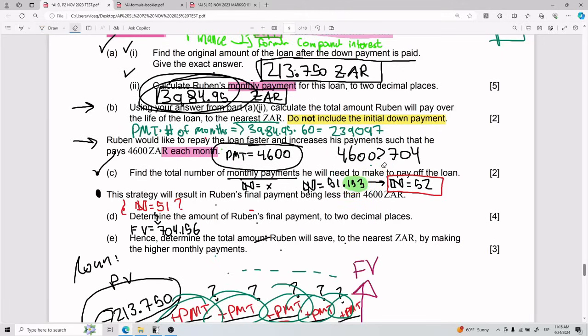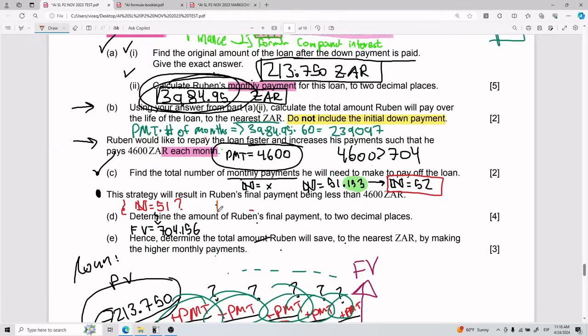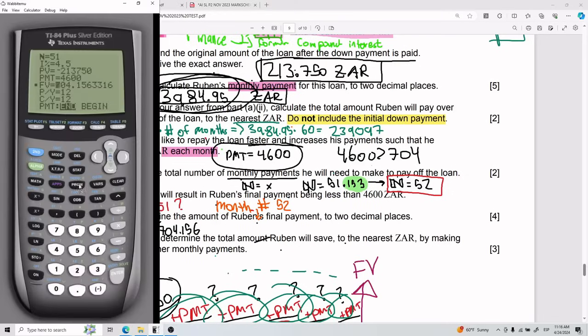Now, this was for the 0 to 51 months. And now I can calculate month number 52. To make Ruben's final payment, you need to plug in values in a pretty special way. Because we're talking about just 1 month, big N is going to be 1. Your percent is still the same.